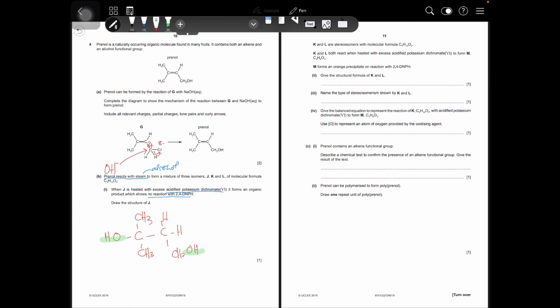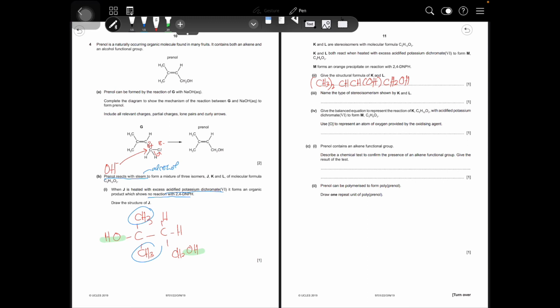So the structural formula of K and L will be: you have a CH3, which is this part, and you have 2 of those, and then you have CH, and then another CH. This is between the original C double bond C. So you have the secondary alcohol, and then the original part from the prenol.